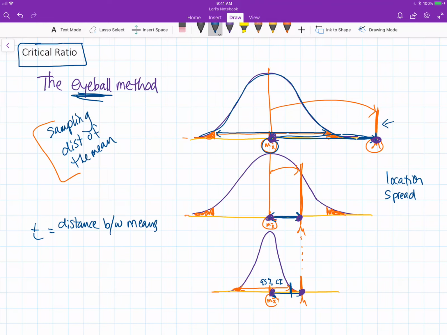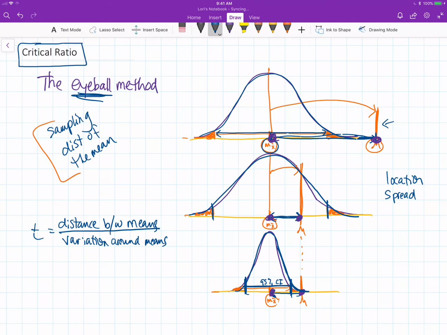But it's that distance between the means divided by the variation around the means. So in other words, how far this actual distribution is spread out. That also matters. This one is spread out, but just not as wide. So this 95% confidence interval is quite a bit narrower than this one is.